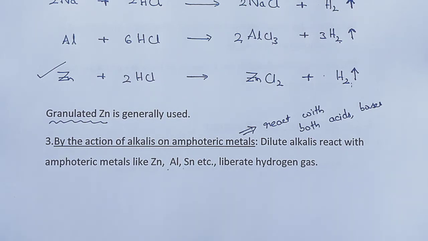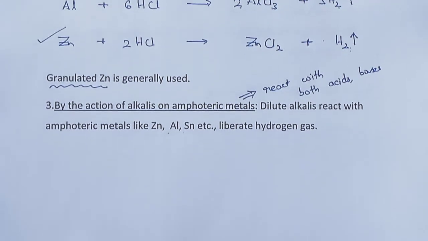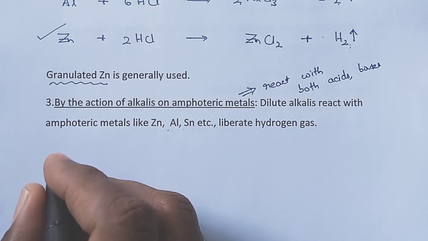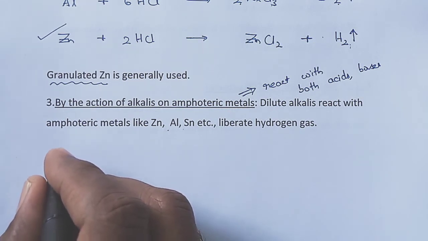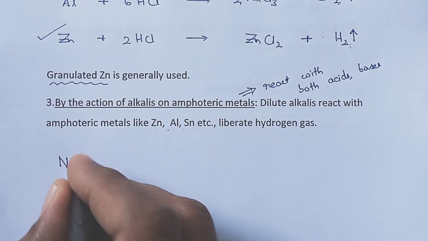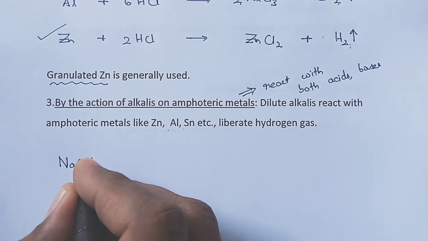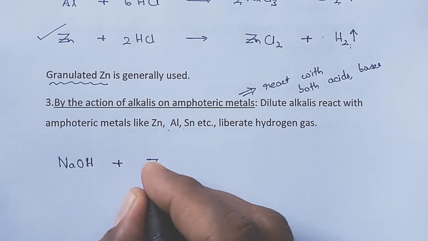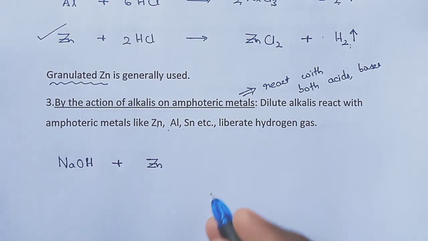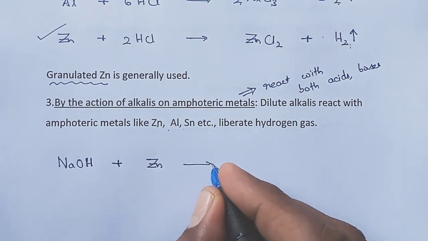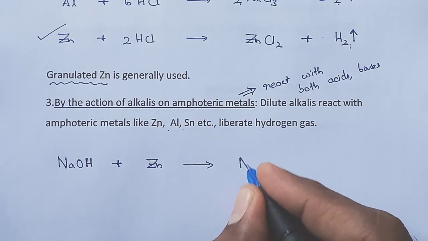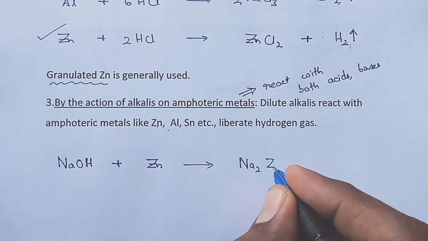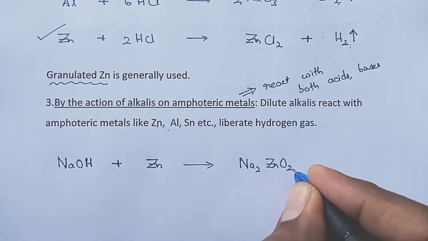Now let us write equations. Here we have sodium hydroxide. It is an alkali, aqueous sodium hydroxide solution, and into this we are adding zinc. Zinc is an amphoteric metal. Then we will get a substance with the formula Na2ZnO2.